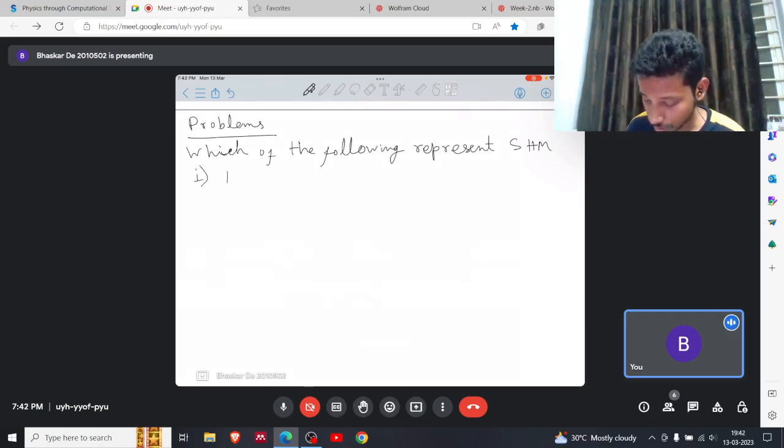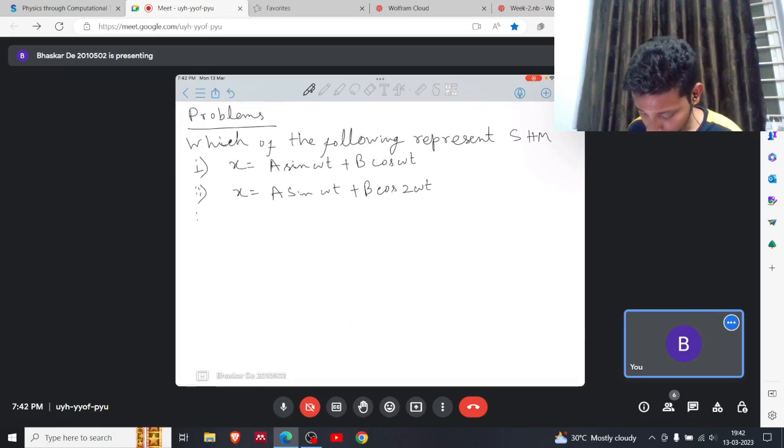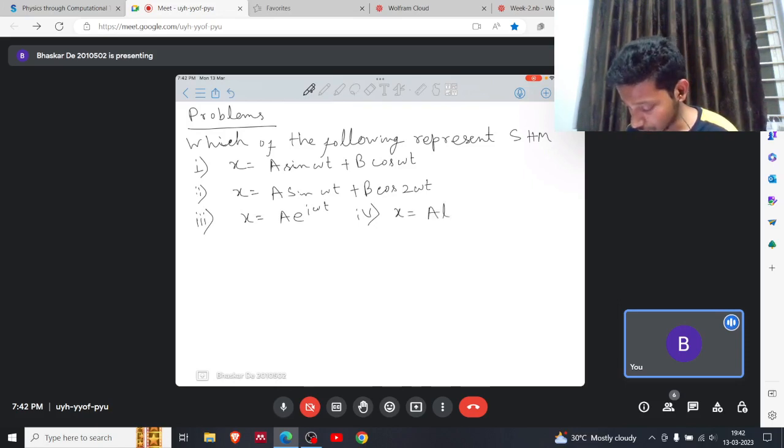First one is x equal to a sine omega t plus b cos omega t. Second, x equal to a sine omega t plus b cos 2 omega t. Third, x equal to a e to the power i omega t. And fourth, x equal to a ln omega t.